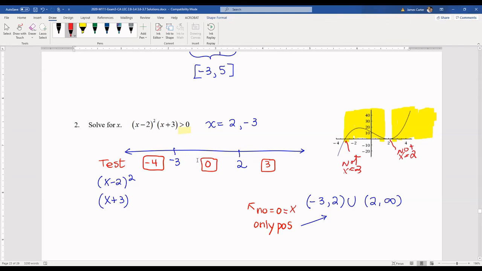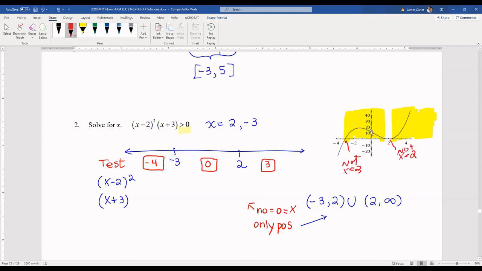Now, the question is where is this above 0? Not on or equal to 0, but above 0. It starts getting above 0 here at -3, but the -3 is not included because there's no or equal.